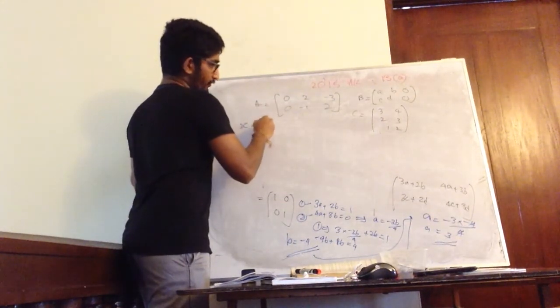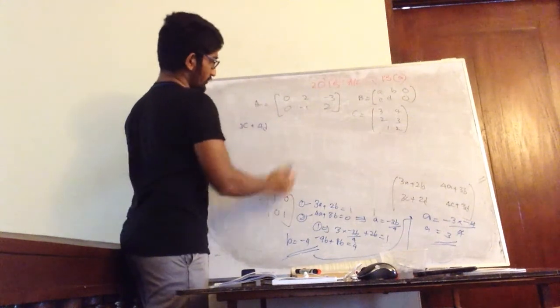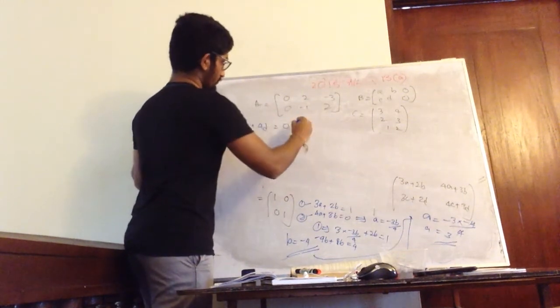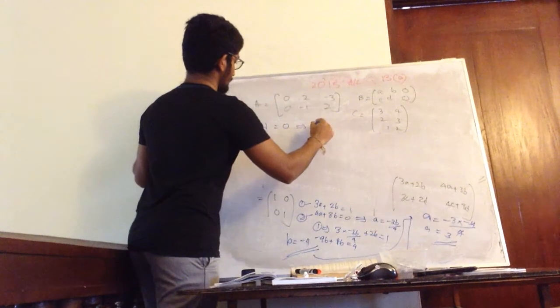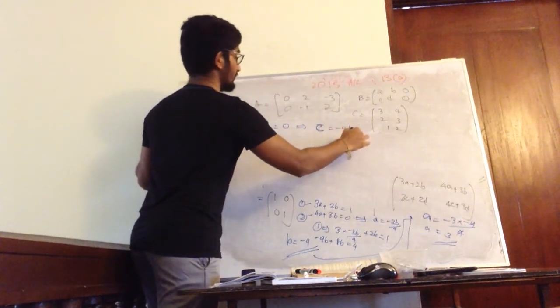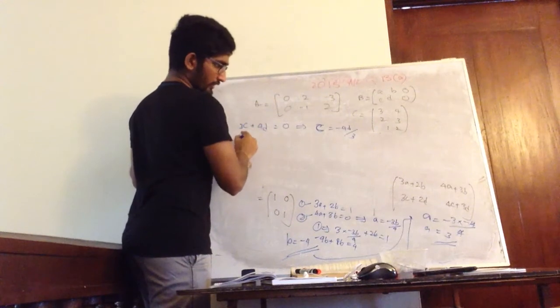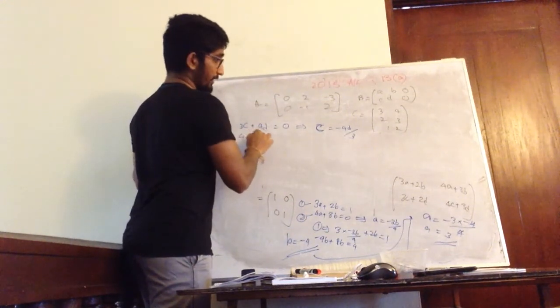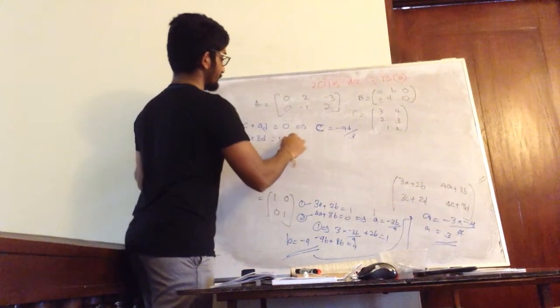3C plus 2D is going to be equal to 0, so I will get C as minus 2D over 3. Then you will get 4C plus 3D equals 1.